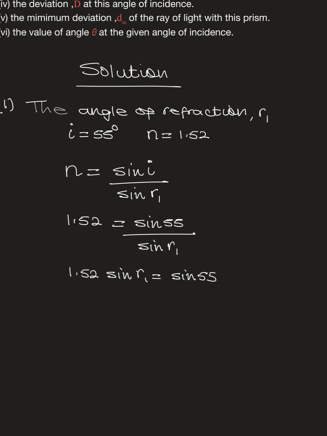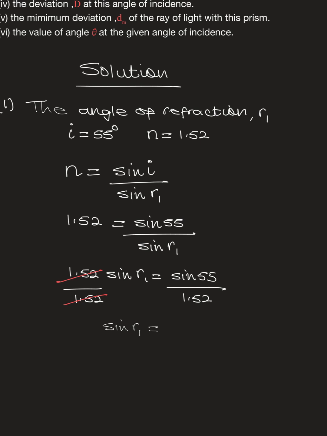So I can divide both sides by 1.52. Sine R1 is equal to sine 55 divided by 1.52.